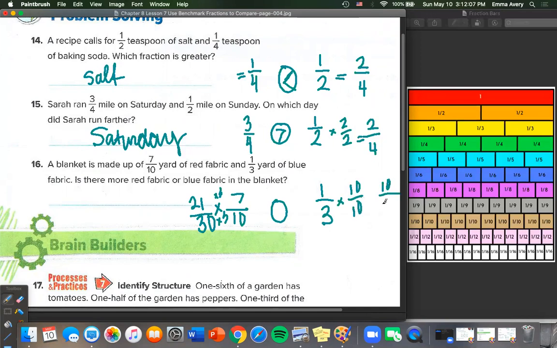So we get 10/30. And compare it that way and see that 21 is much bigger than 10. Or we could remember that we could use our benchmark fraction of 1/2 and see 1/2 is bigger than 1/3, but smaller than 7/10. So more red fabric is used in the blanket.